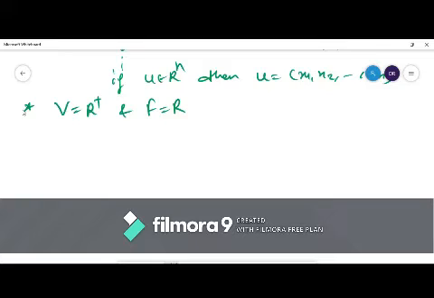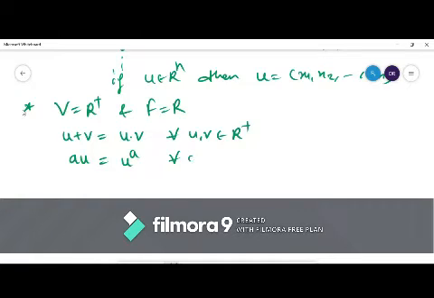The two binary operations: vector addition is defined as u plus v is equal to u into v for all u and v belongs to R plus, and a into u is defined as u raised to power a for all a belongs to F and u belongs to R plus. By these two properties, V equal to R plus is a vector space.